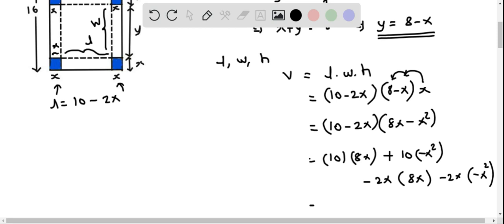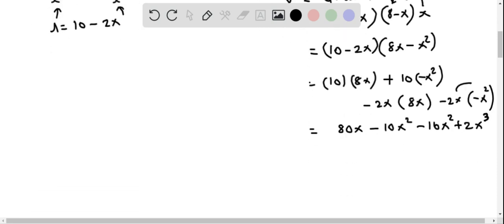We will simplify this. So 10 times 8x is 80x, and 10 times negative x squared is negative 10x squared, and then negative 2x times 8x is negative 16x squared, and finally we have negative 2x times negative x squared. This will be positive 2x cubed.